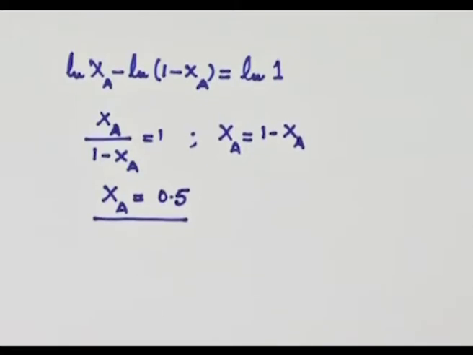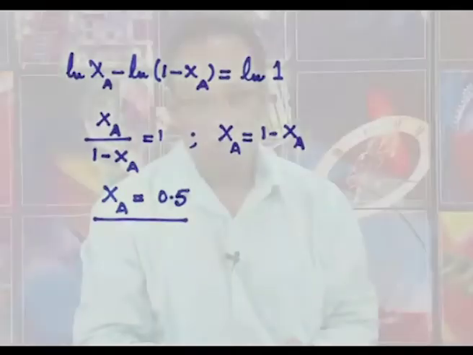We have been able to find the mole fraction of one of the components when the entropy of mixing will be maximum. And you see how we found the maximum: by taking the first derivative and setting it equal to 0. Now let us take a look at the slide.